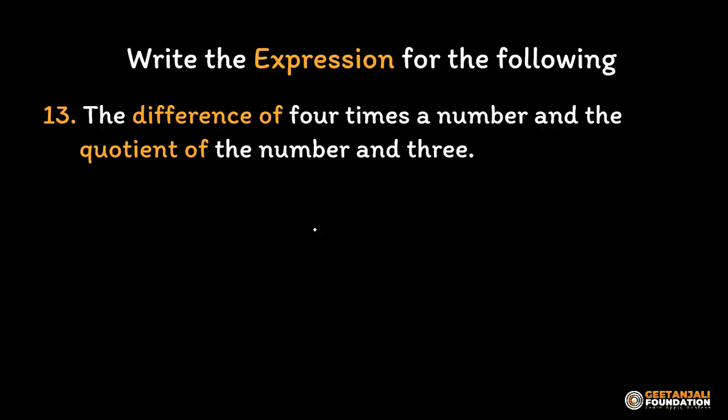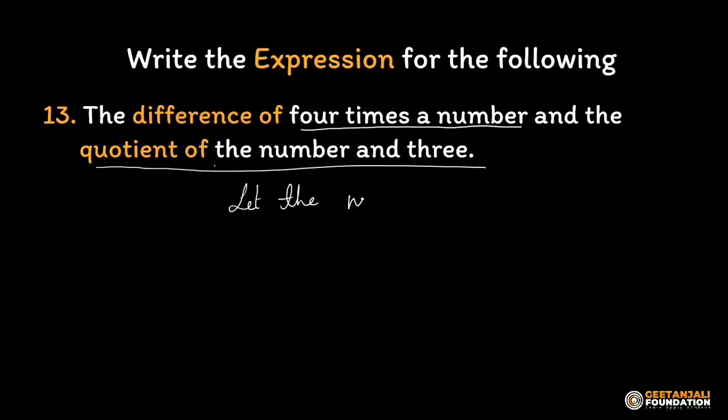Now the difference of 4 times a number and the quotient of the number and 3. You can see a grouping here. 4 times a number is a group, and the quotient of the number and 3 is the other group. So 4 times a number, we need to consider the number first. Let the number be n.